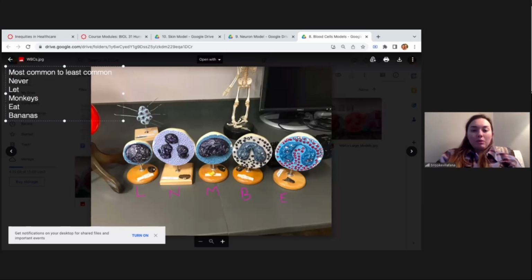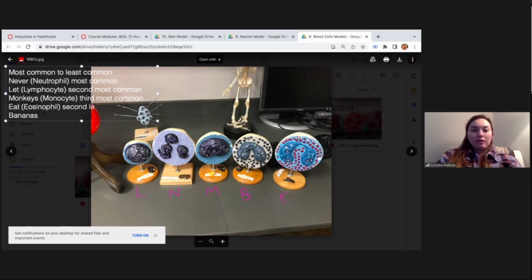So never would be neutrophil, and this is the most common because it's the first part of the mnemonic. Let would be lymphocyte. This is the second most common. Monkeys is monocyte, and this would be the third most common. And then this is eosinophil.